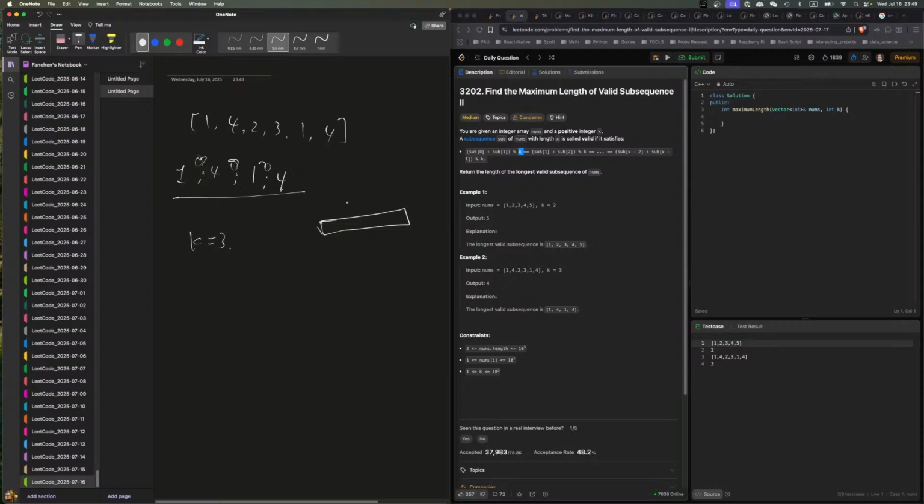So if I pick a number, then I can go find the first one that their difference is divisible, right? Find the first one where the difference is divisible. Then you can say, now find me the largest starting from this one, right? Starting from this one. That doesn't feel right though.